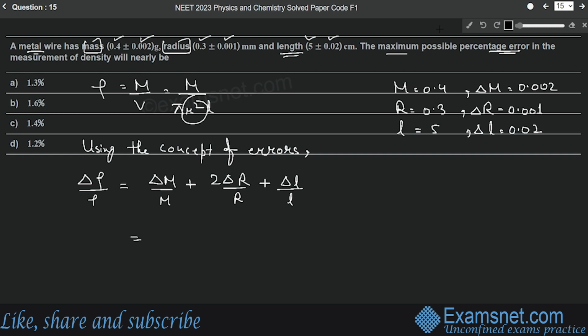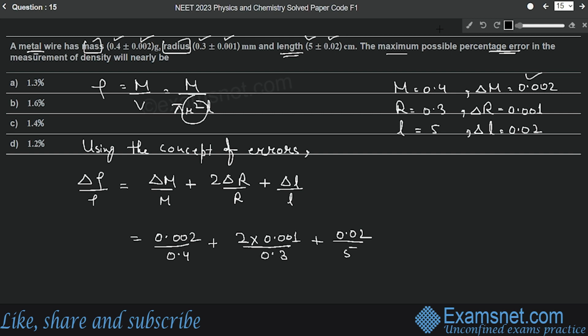Delta m is 0.002, so 0.002 upon m, that is 0.4, plus 2 into delta r, delta r is 0.001 and r is 0.3, plus delta L is 0.02 and L is 5, right?